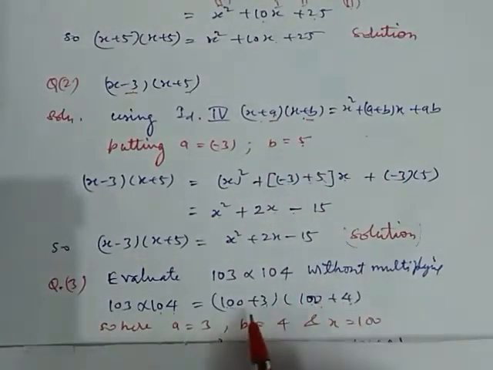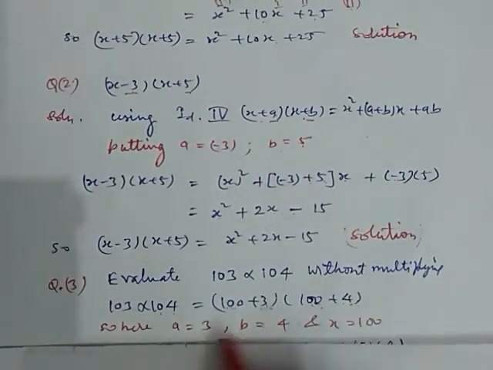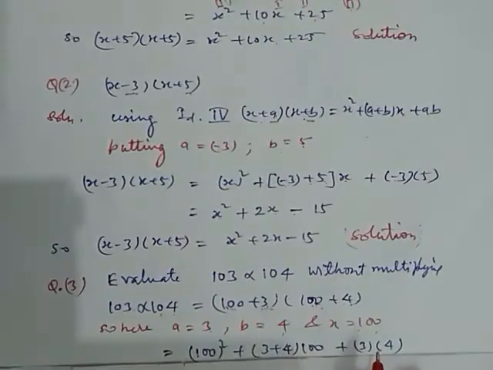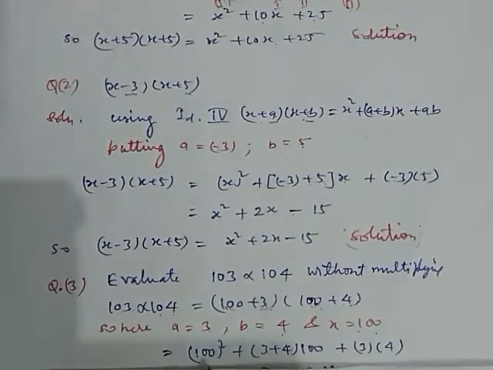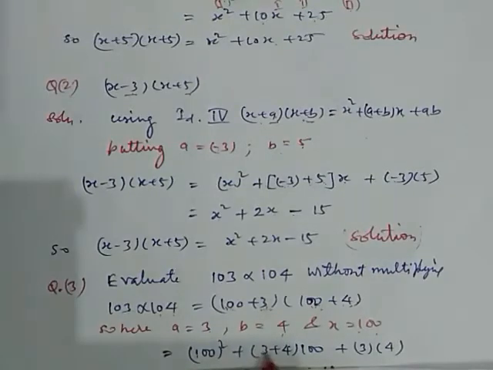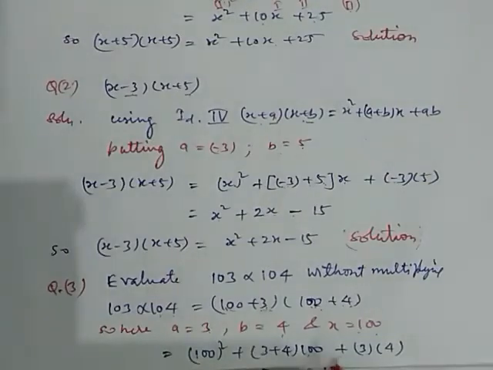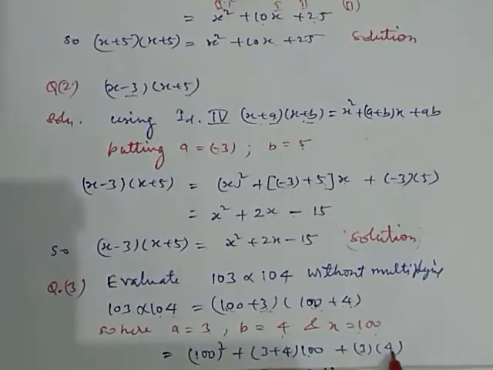So what happened here? The value of a is 3, the value of b is 4, and the value of x is 100. So utilize this. x square means 100 square, plus (a plus b)x, that is 3 plus 4 into 100, and ab, 3 into 4.